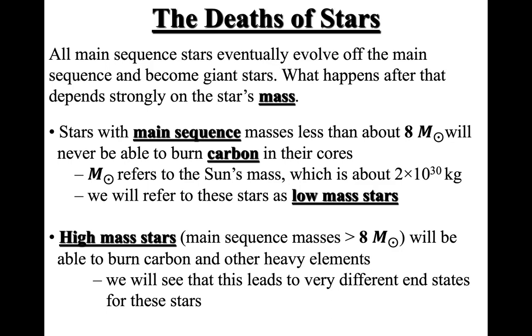Basically, this is because they have enough material to create further gravitational collapse towards the central region and heat up to higher temperatures so that they can create these heavy elements, right? So that's the idea. But for low mass stars, they don't have that condition.